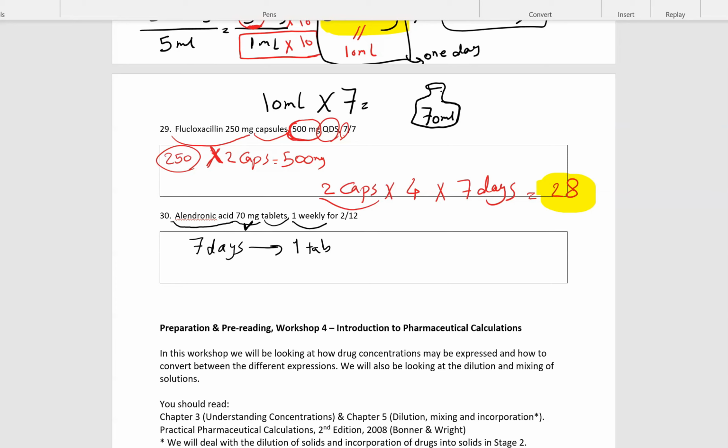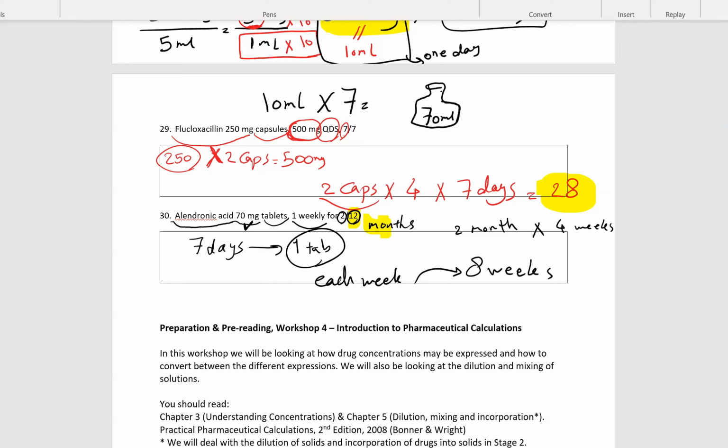What is the meaning of 12? It means 12 months. So 2 out of 12 means 2 months. Every month has 4 weeks, so altogether we have 8 weeks, and each week we need to give 1 tablet.